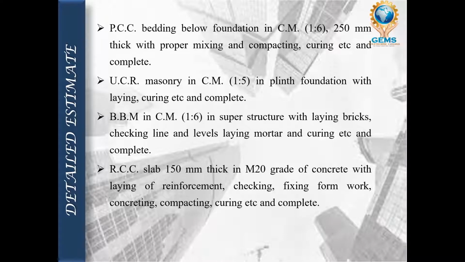While doing a detailed estimate, the estimator should have knowledge about all types of works, for example PCC work, excavation work. We should have knowledge about each and every work, and a detailed description of every work, so that we can easily do a detailed estimation.